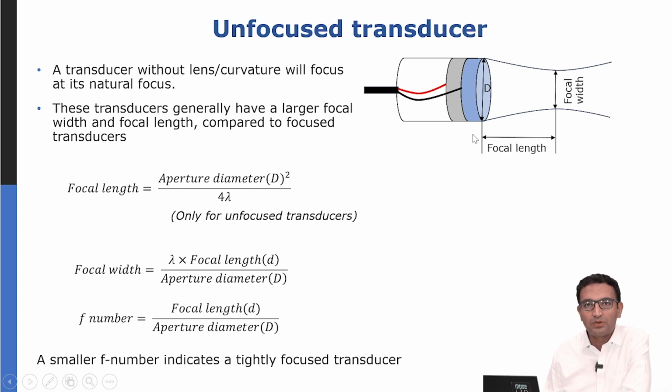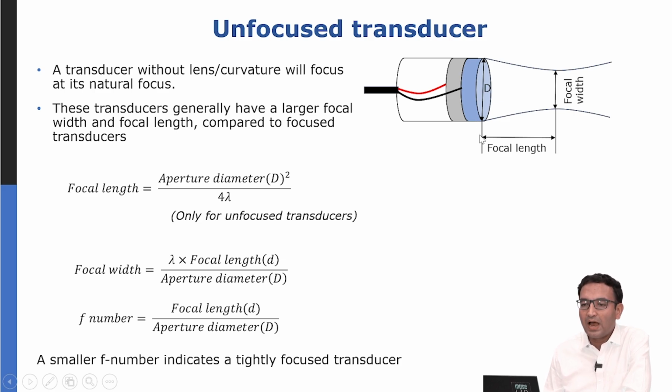This has a finite aperture, and because of reasons explained by diffraction, which we can discuss in further classes, you will see that it does have a focal point. So how do we get the focal point? There is mathematics behind it, where you can calculate the field of an ultrasound transducer by considering it as a combination of a very large number of points.